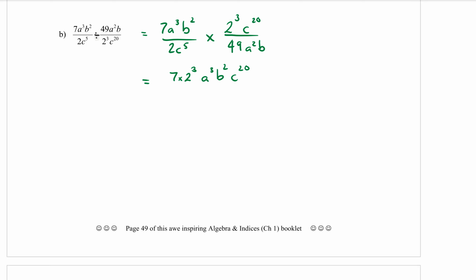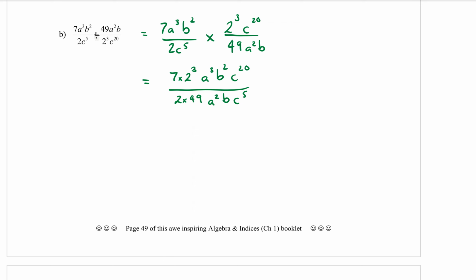On the bottom, 2 times 49. I'm going to leave those. That one I could multiply fairly easily, but I'm going to leave them separate because they're actually going to cancel out nicely in a minute. And I have a squared, b, c to the power of 5. Now that they're all together, the cancelling part.